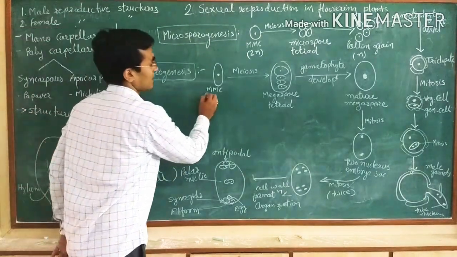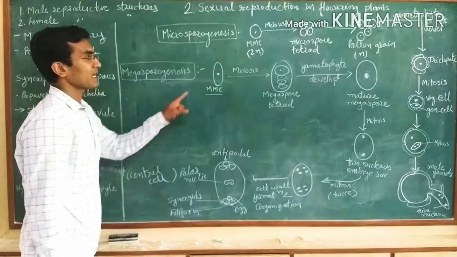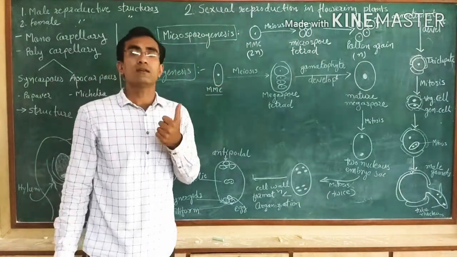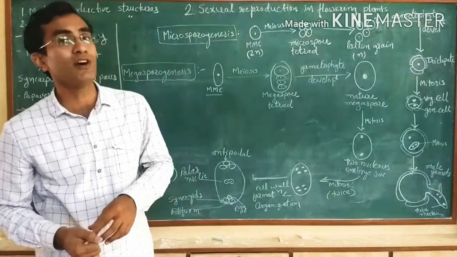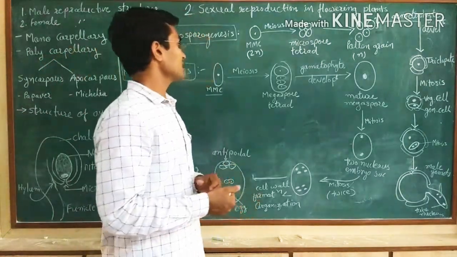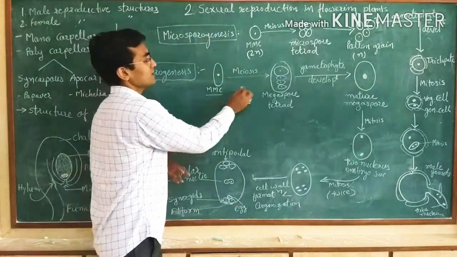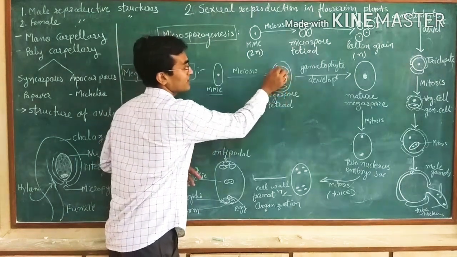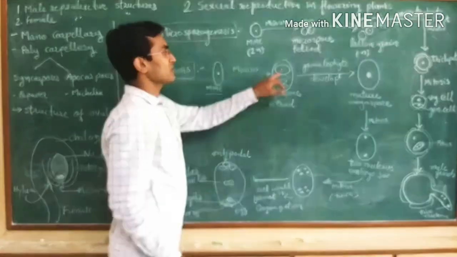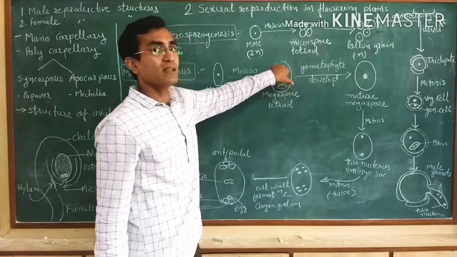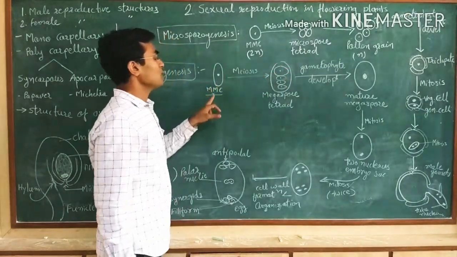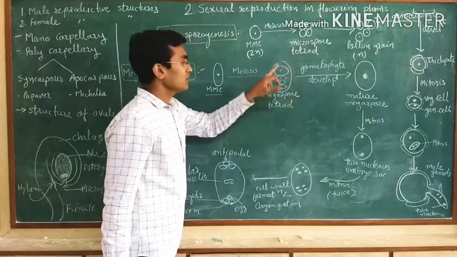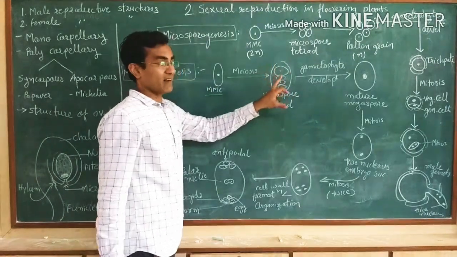Megasporogenesis starts with the megaspore mother cell. This megaspore mother cell is initially uninucleated and will convert into a 4-cell stage. You can see that out of these 4 cells, one is large in size, which is the active megaspore. So the megaspore mother cell will form a megaspore tetrad.